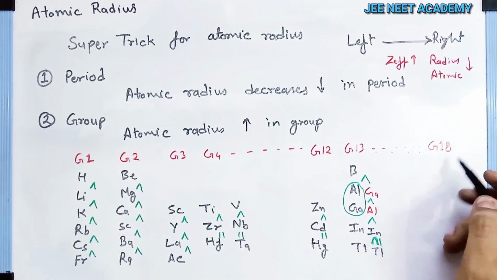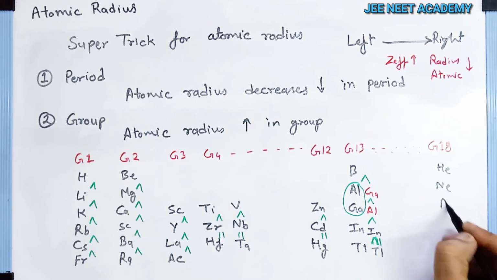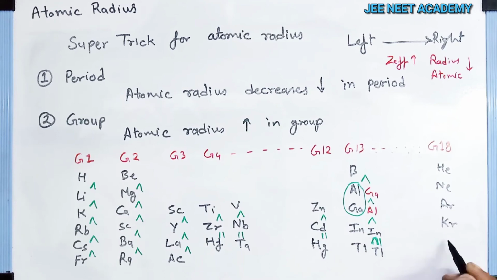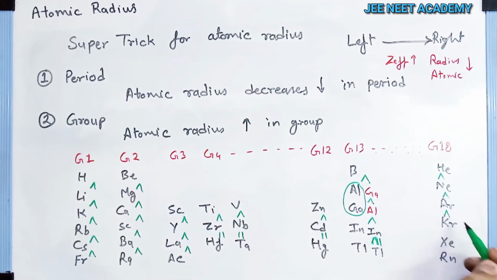Now till group 18: helium, neon, argon, krypton, xenon, radon, the atomic radius order will be normal, increasing from top to bottom. So this is all the atomic radius order.